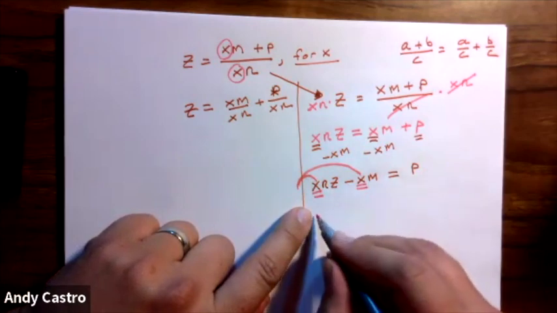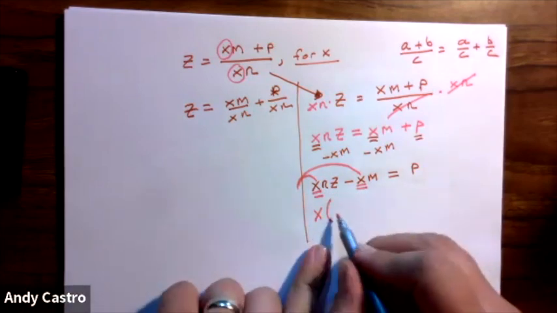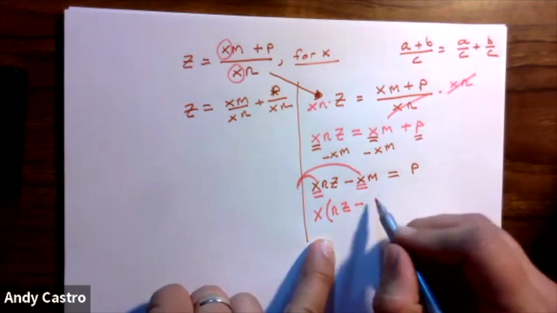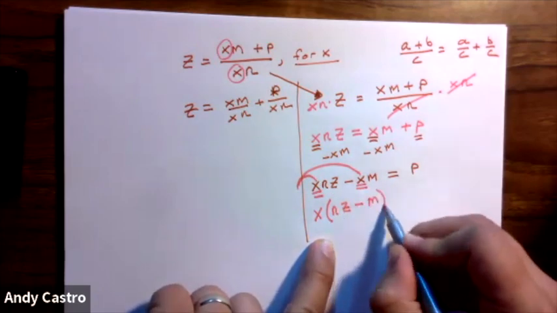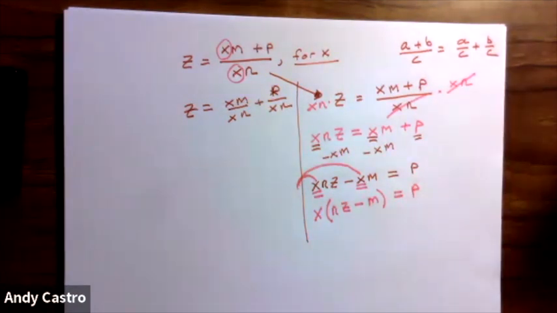So I can factor out the x, and what I'm left with is x times the quantity nz minus m.